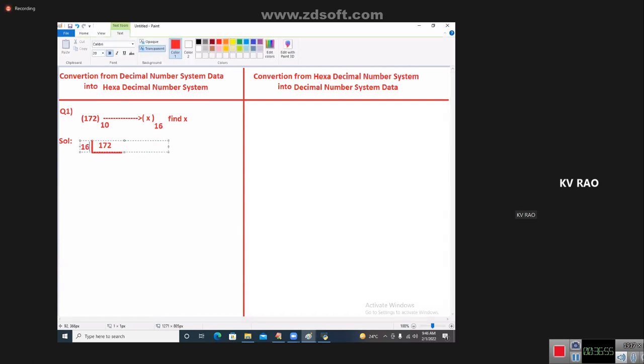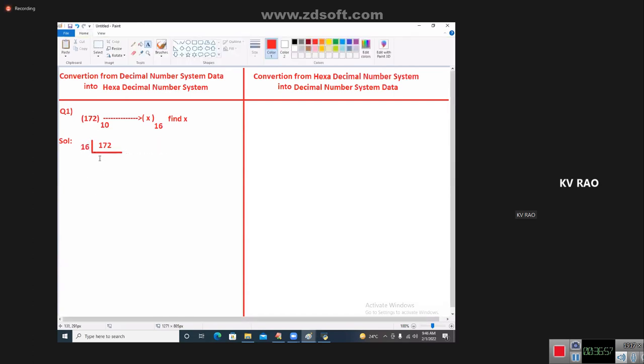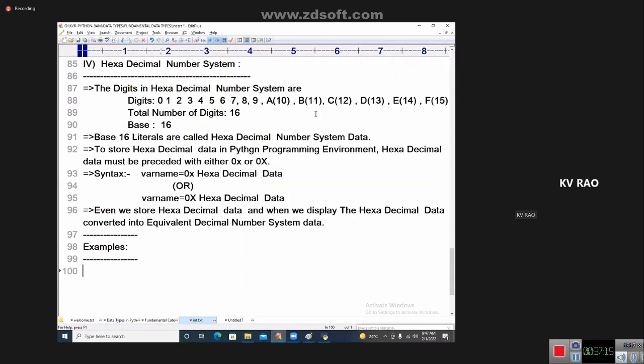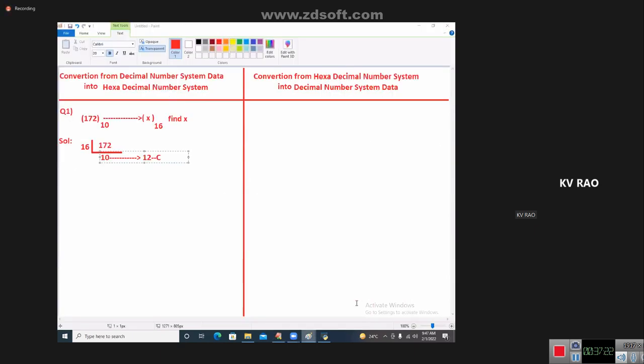As usual, same process: 16 tens, directly I'm writing 160, left out is called 12. 12 equivalent is what? You already know that. C. Already I mentioned in my example, A, B, C. 12 is nothing but C. There you need to take out C.